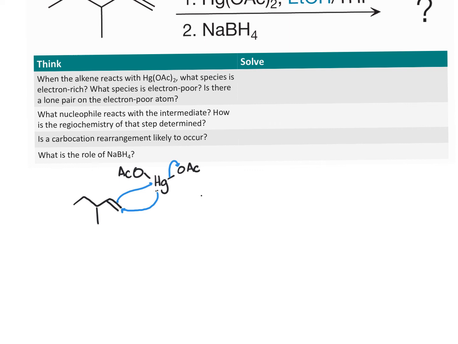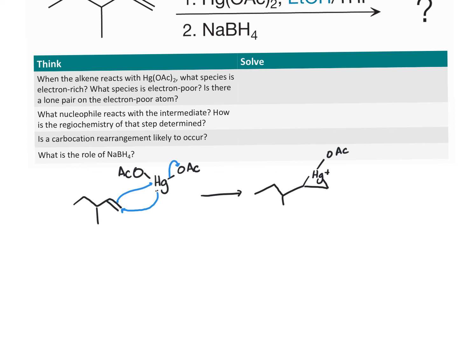And when that occurs, we form our triangular structure. Okay, and so now we have our intermediate.